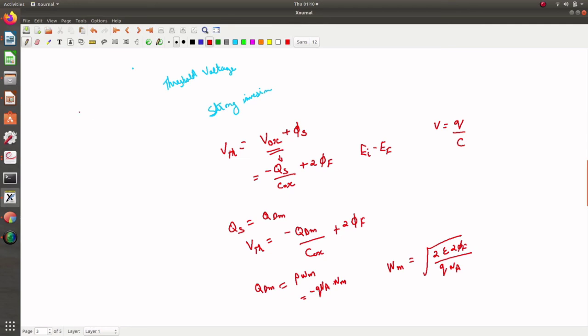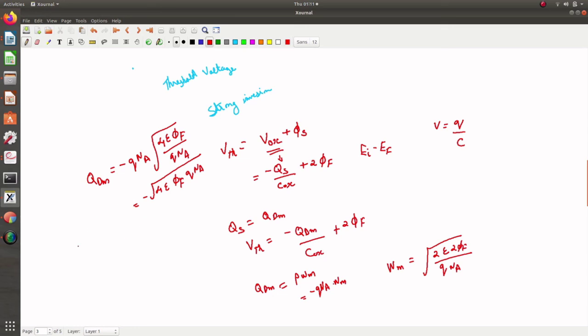So by substituting these values, Qdm becomes minus Q Na root of 4 epsilon phi F by Q Na, which can be simplified as minus root of 4 epsilon phi F Q Na.